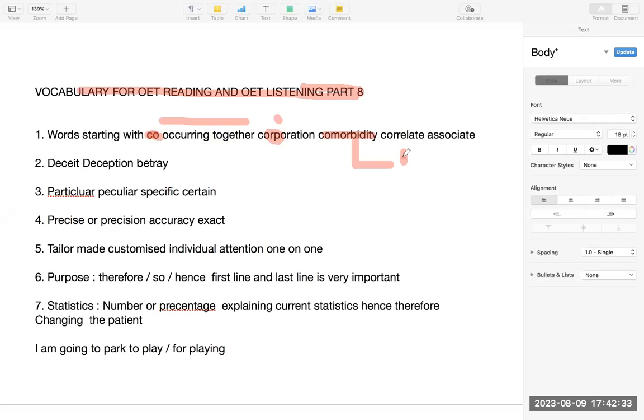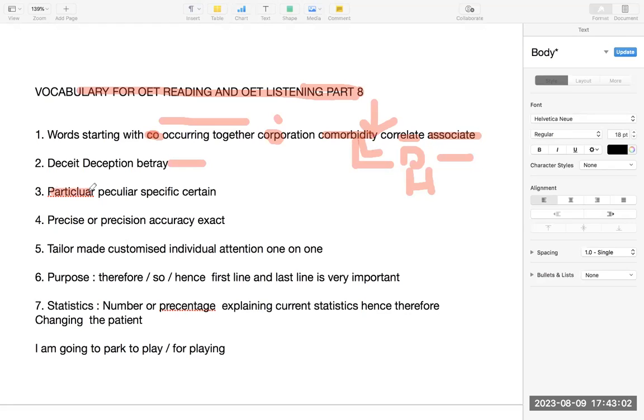For example, if somebody is having diabetes, hypertension, and they contract any virus, then we say it is comorbidity. So these conditions which the patient is already having are comorbidity. Correlate means to associate or relate yourself with something. Deceit is not a very common word, so I will discuss it in the last.